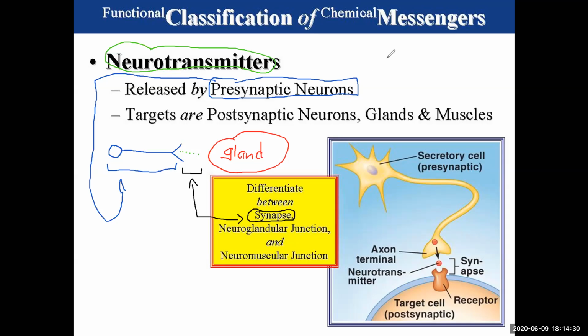So in that case, it's still a microscopic space. But that microscopic space is no longer called a synapse, and that's important. You still have that microscopic space, and now it's called a neuroglandular junction.